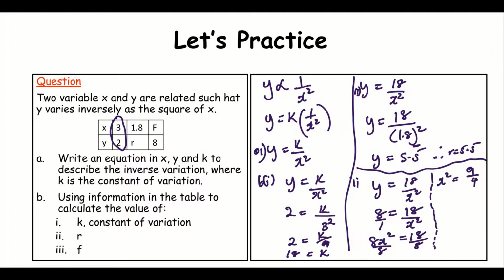And to get rid of the square, we're going to find the square root of both sides. Now square root is plus and minus. So x is equal to the square root of 9 is 3. The square root of 4 is 2. So it's plus and minus 3 over 2. So the value of our f is equal to plus and minus 3 over 2.